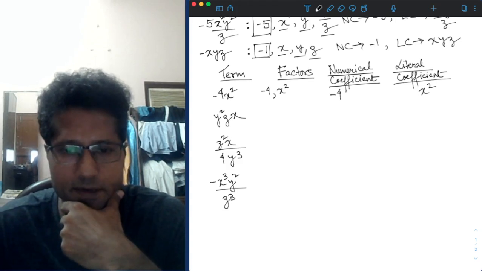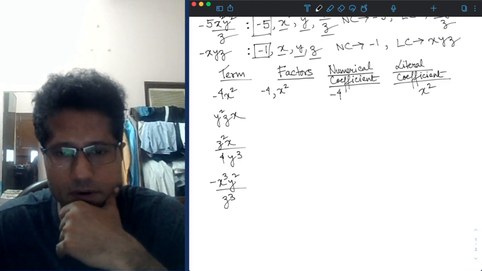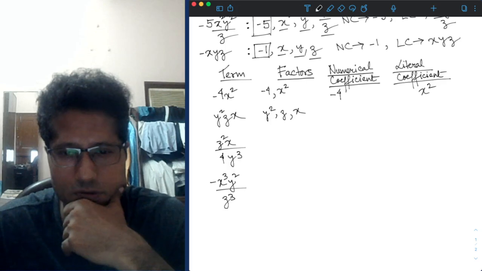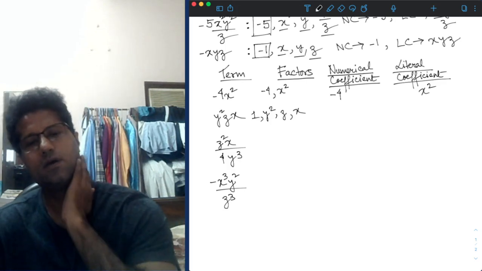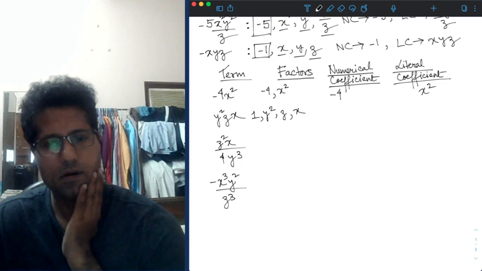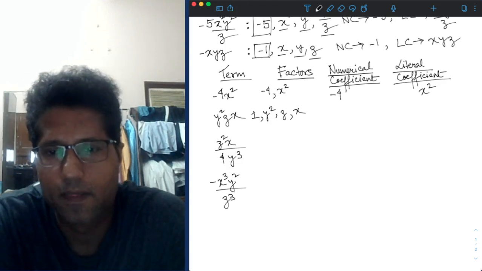Now for the second term, remember the factors are y square z x and also 1, because 1 is understood.